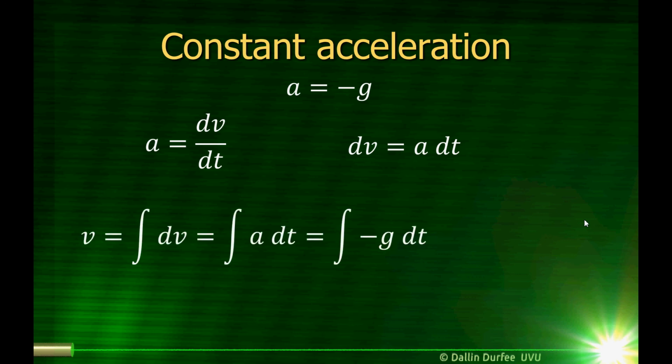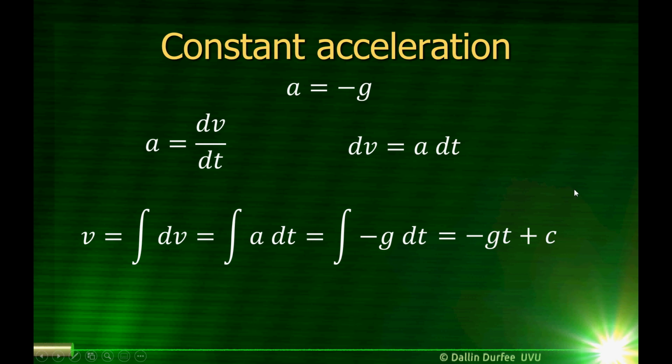And velocity is just the integral of dv, which we just said is acceleration times dt. And acceleration is just a constant, negative g. So I'll throw that into my integral. I know how to do that integral. The integral of a constant times dt is just that constant times t plus a constant. So the integral of negative g dt is just negative gt plus some constant.